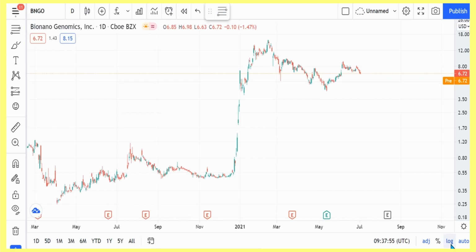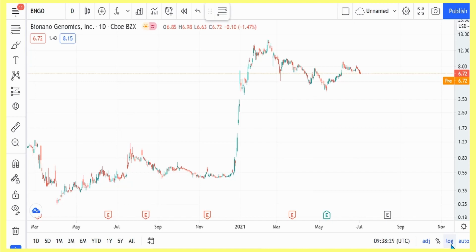But in a linear chart, an increase from $10 to $20 is an increase of 10 units, and from $20 to $40 it's an increase of 20 units. You see the difference in units: the first is 10 units, the second is 20 units.